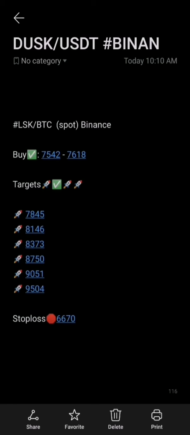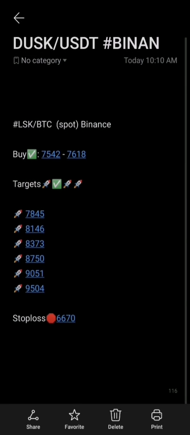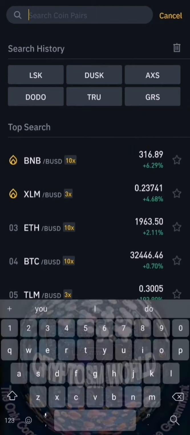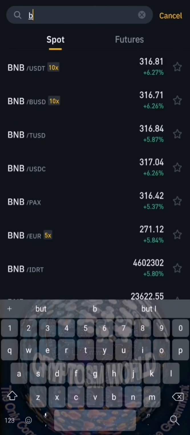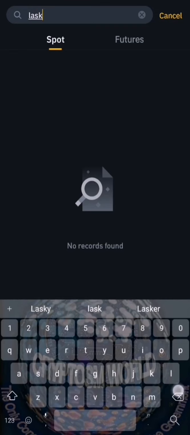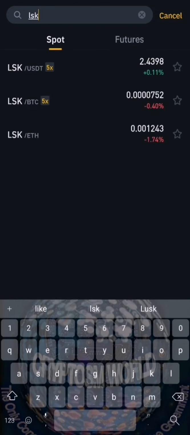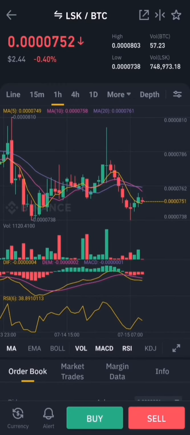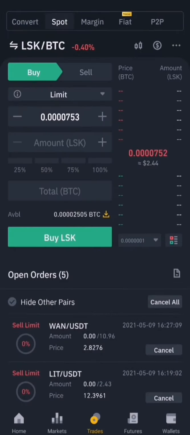Now, let us see how we can utilize this signal. How do we trade with it? The signal said we should use BTC to buy LSK, so let us use LSK BTC. Let us click the buy button.